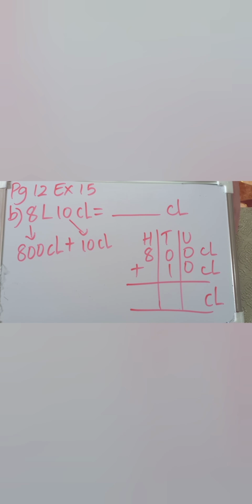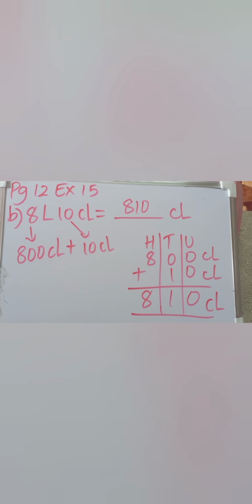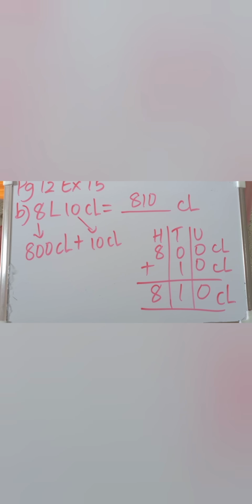Then you have to add the 10 centiliters. 800 plus 10 centiliters, work it out. Is your answer the same as mine? 8 liters 10 centiliters is equal to 810 centiliters.